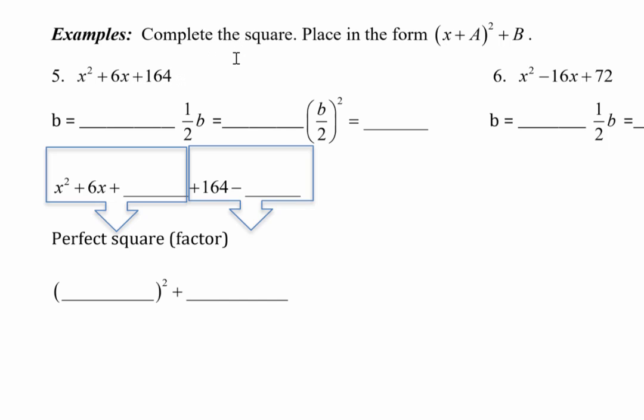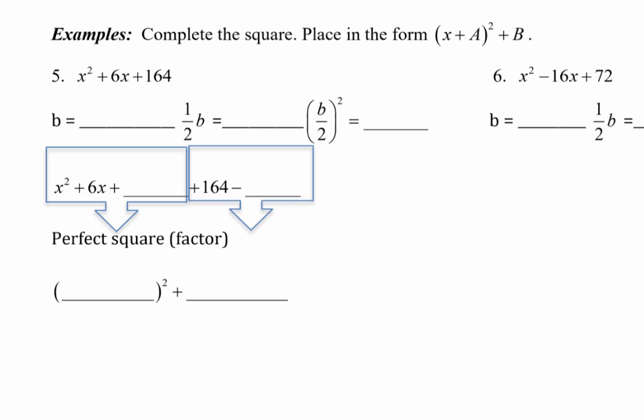Okay, so this time, the instructions for the problems are a little bit different. We have a trinomial to start, and the trinomial is not a perfect square. But you're going to rewrite the trinomial in this special form: a binomial squared plus some number.